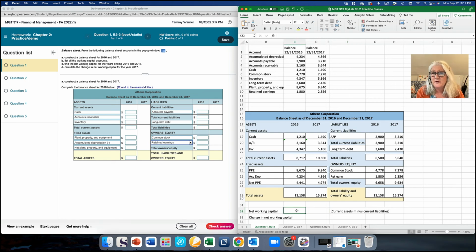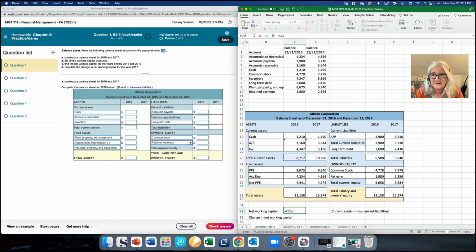Okay, so our net working capital for 2016 is our total current assets minus our total current liabilities, not our total liabilities. Just because they're right across from each other doesn't mean you subtract one from another. You got to go look in the table to see what you need, right?